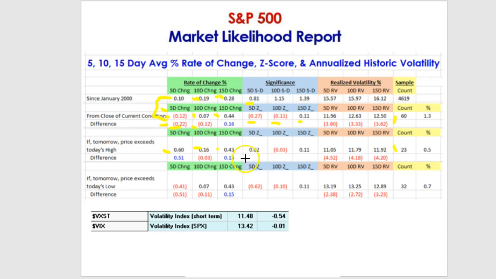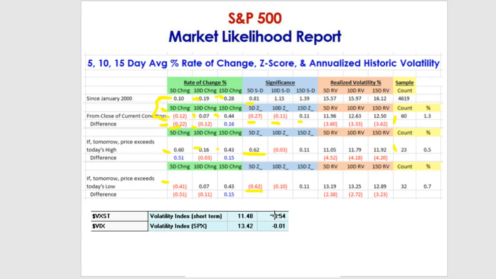Look at the z-score here: 0.62 on the 5-day z-score. That's over half a standard deviation to the upside, and that's the most significant thing we see here. On the downside, subsequently, instead of going up 0.1, it actually goes down 0.41. That's a z-score of down 0.62, over half a standard deviation to the downside.